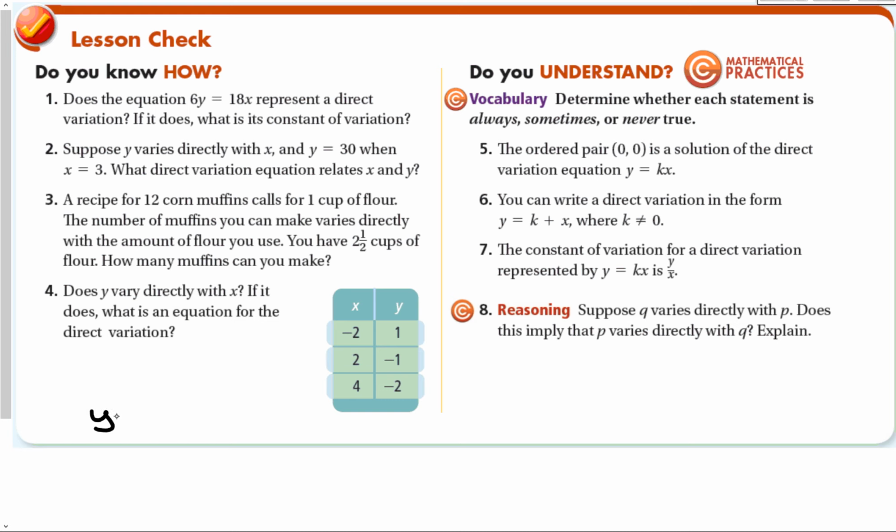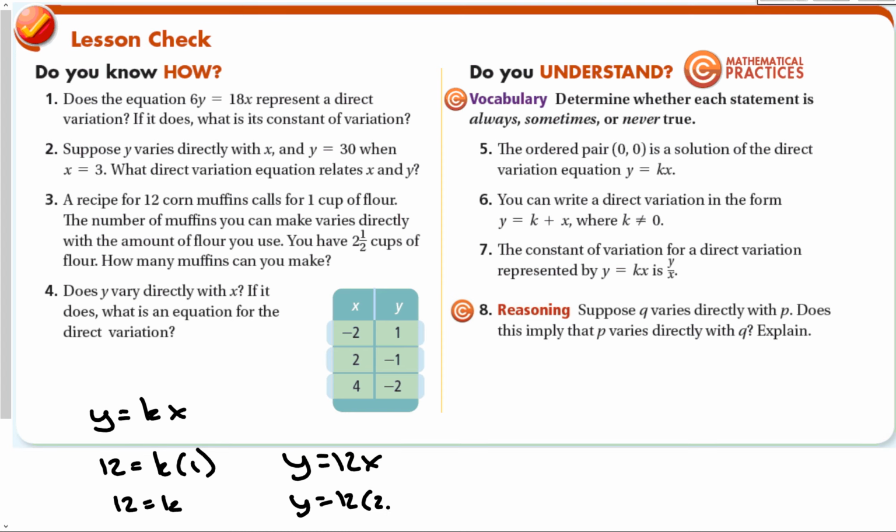So y would be equal to some constant times x, because this varies directly. 12 corn muffins come from 1 cup of flour, so divide by 1, right? k equals 12, which means the equation is y equals 12x. I just plug in 12 times 2.5, and I get y equal to 30 corn muffins.